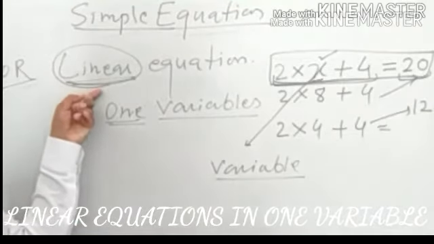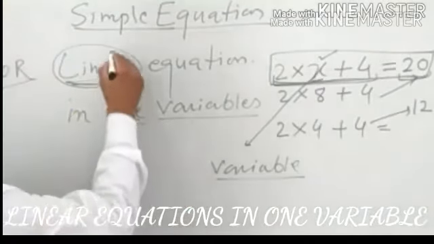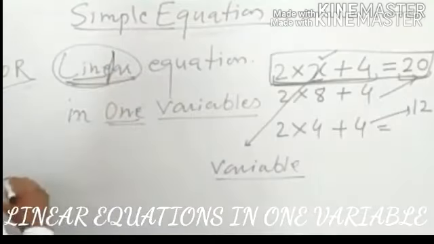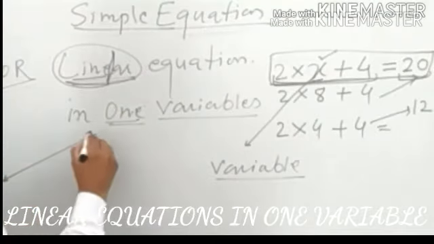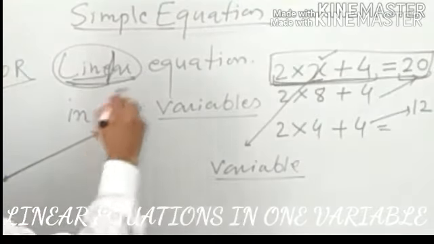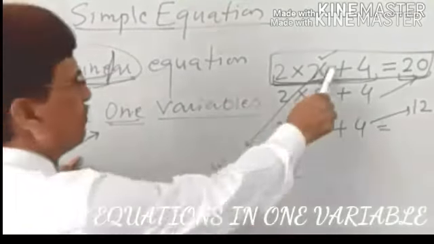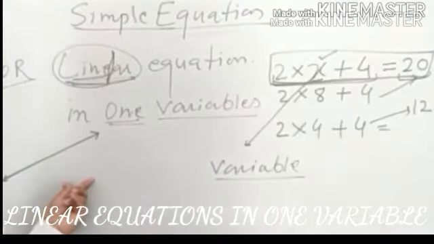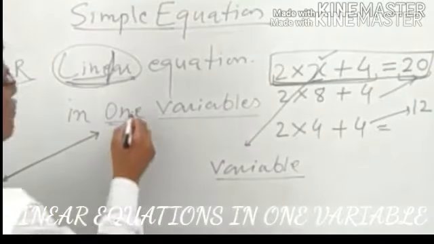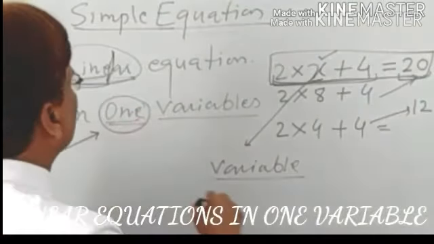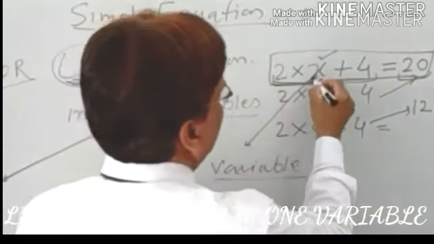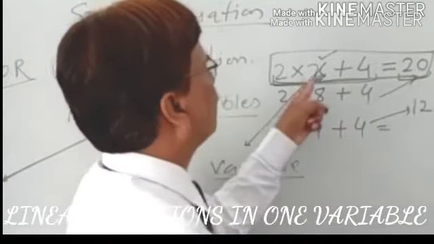Now, linear means line, straight line. This is the equation of a straight line, and one variable means only one variable.